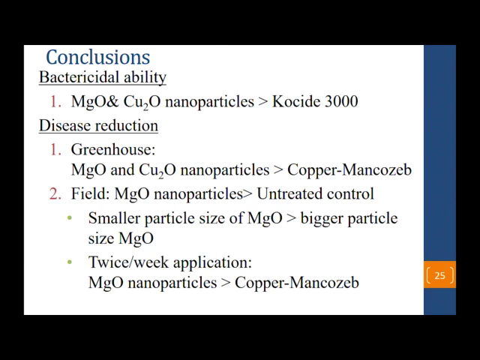In the field study, the magnesium oxide nanoparticles show significant disease reduction compared to the untreated control, and the smaller the particle, the better and more significant the disease reduction. For the twice-a-week application, magnesium oxide nanoparticles show more significant disease reduction compared to copper mancozeb.